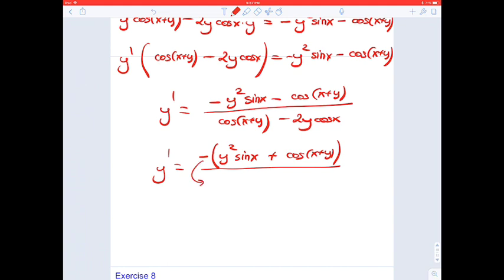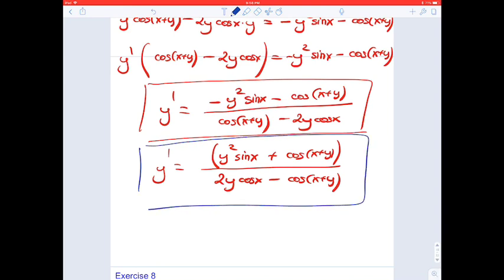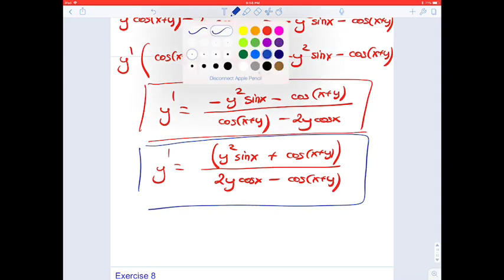And I can take this negative and apply it to the denominator, which means I have to switch the sign. 2y cosine of x will become positive and cosine of x plus y will become negative. But both of the forms, this one and this one, are equivalent. Okay?